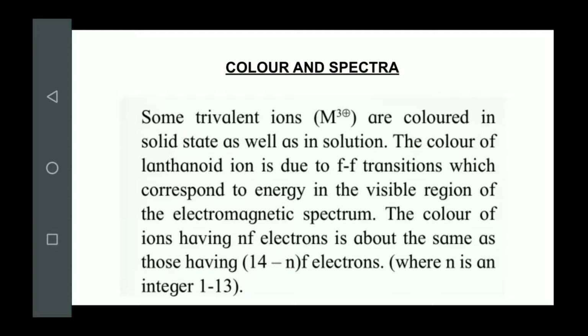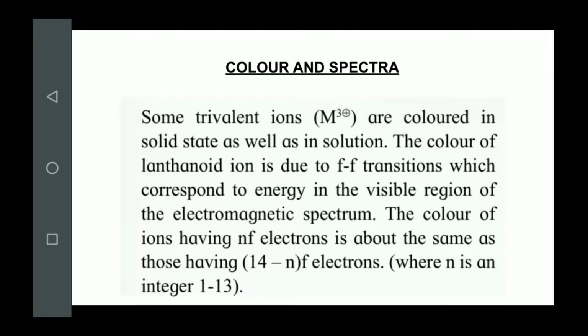So a lanthanoid with 12 electrons, that is 14 minus n, will also have the color X. So n electrons as well as 14 minus n electrons will have almost the same color.